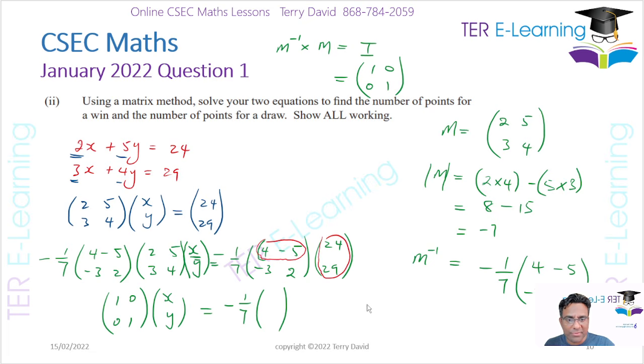So therefore, that's going to be 4 by 24 plus minus 5 by 29. And let's work that out. So 4 by 24 plus brackets minus 5 by 29 close brackets. I'm going to get minus 49. And so this here is going to be minus 49.